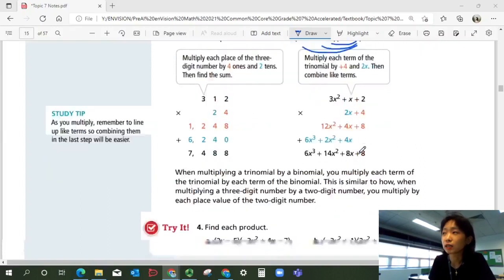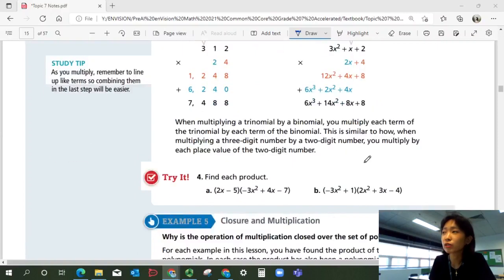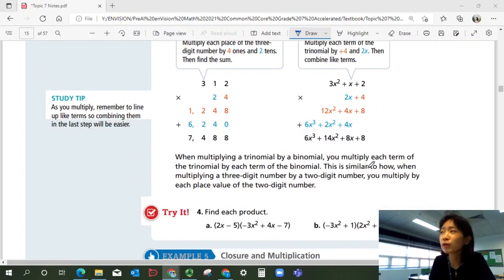All right, let's look at try number 4. Just remember that when you're multiplying a trinomial by a binomial, you multiply each term of the trinomial by each term of the binomial. Don't forget any term, okay?